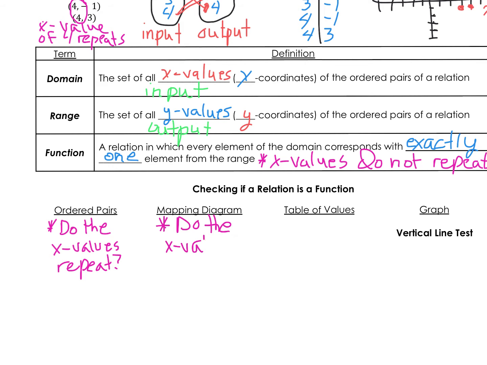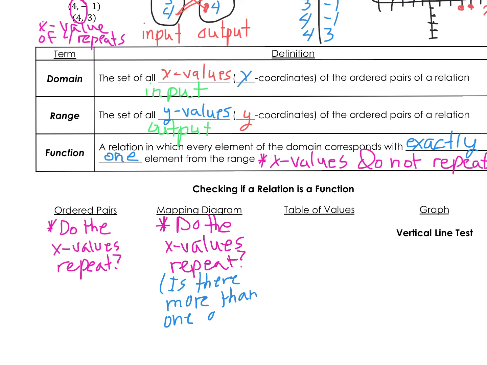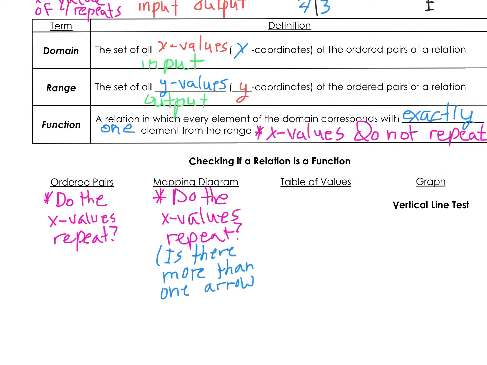So remember, you're looking to see, is there more than one arrow leaving an x value?